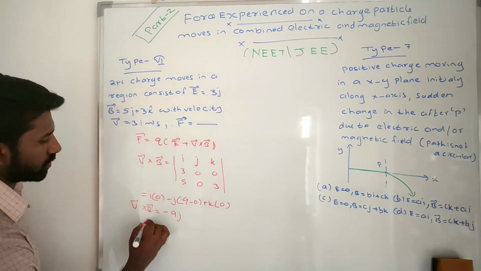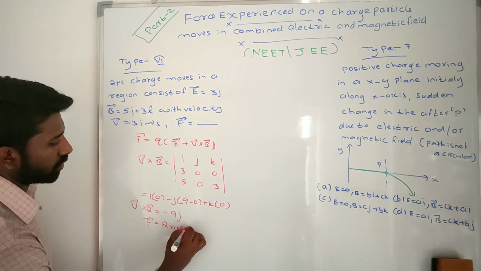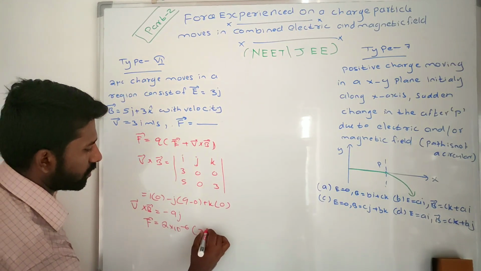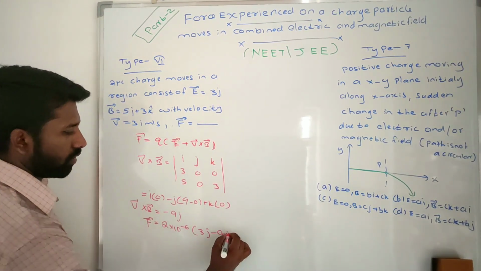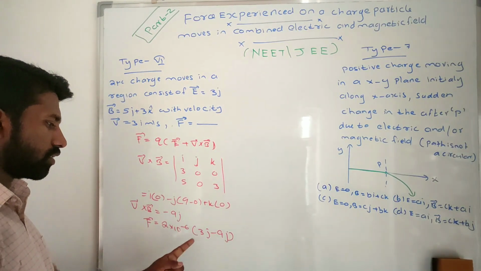Okay. This I will substitute here. So F is equal to Q. Q is how much? 2 microcoulomb. 2 into 10 power minus 6 into what about the E value? E value is 3j minus V cross B value, 9j. Okay. So 9 minus 3 is 6. Here it is a minus sign.